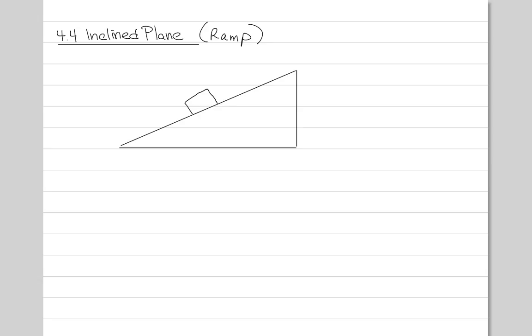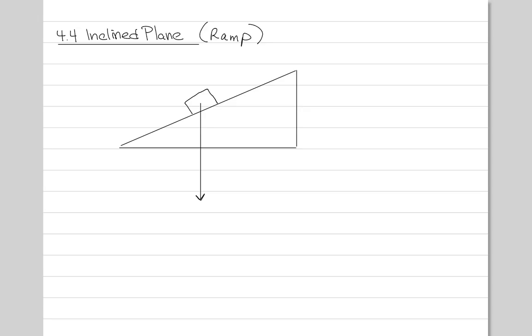So the force due to gravity on the box is the same, obviously. The force of gravity still points down. However, what the ramp does is it puts it at an angle. It puts the gravitational force almost at an angle.